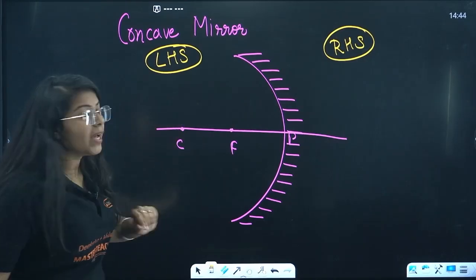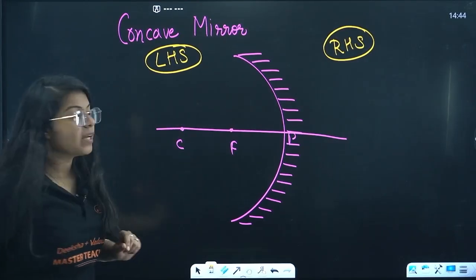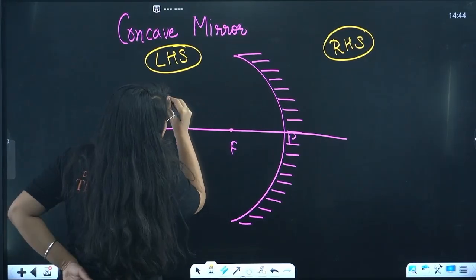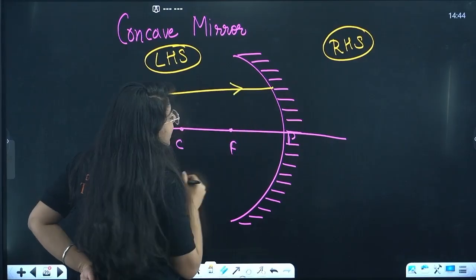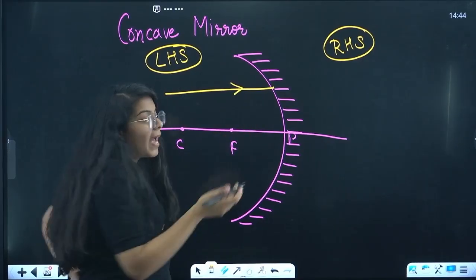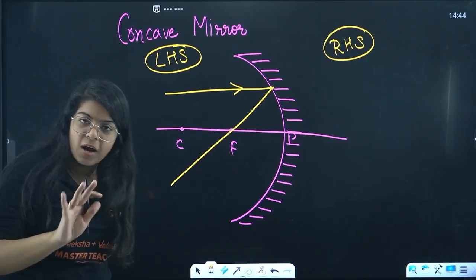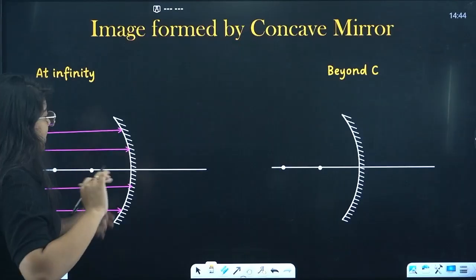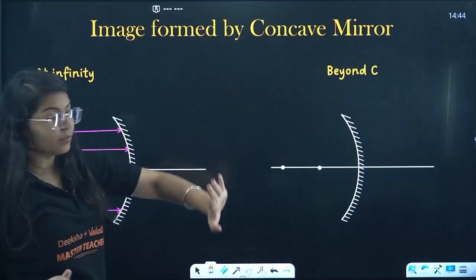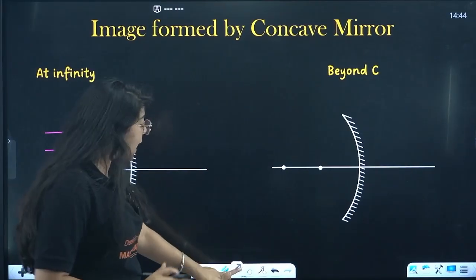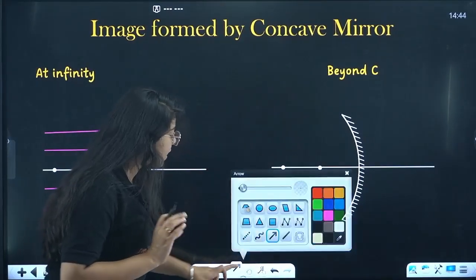Why am I telling you this? Because whenever we pass a parallel ray, it will pass through the focus after reflecting. Let's quickly see, and at the end we'll see all the sign conventions also. But before that, you have to understand these ray diagrams.